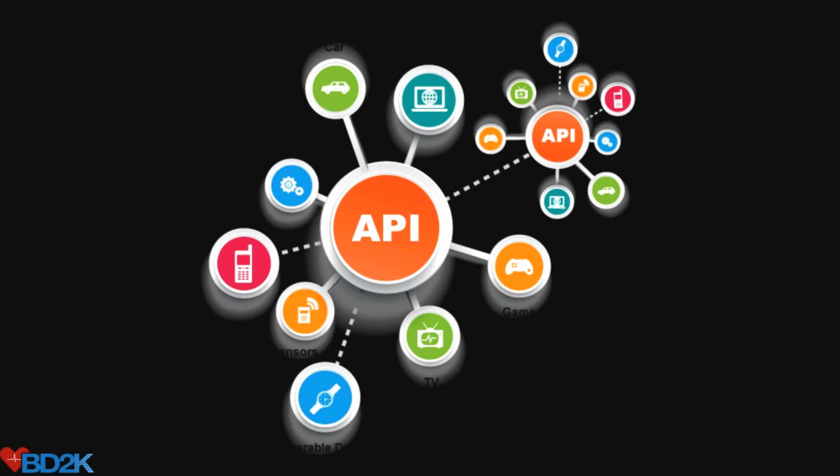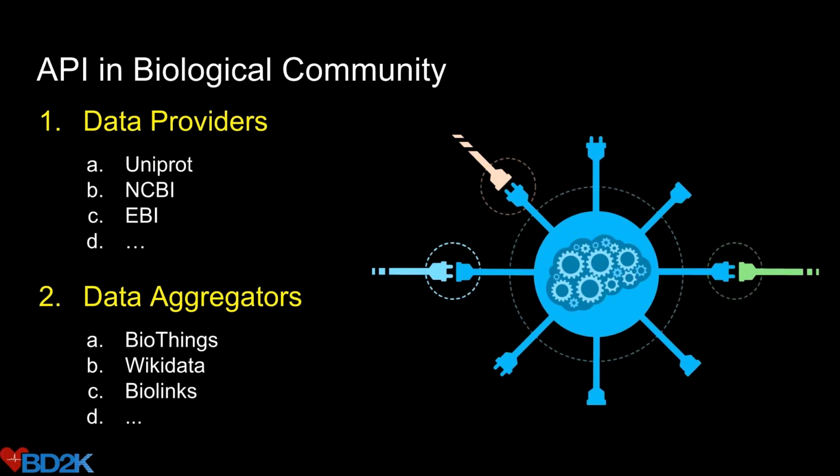For example, APIs have been used to power web applications and mobile devices. The major advantage of APIs is that they provide a very efficient way for people to distribute their data. Despite its application in all kinds of domains, it has also gained major interest in the biological community.